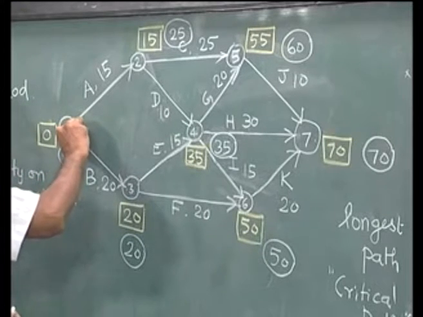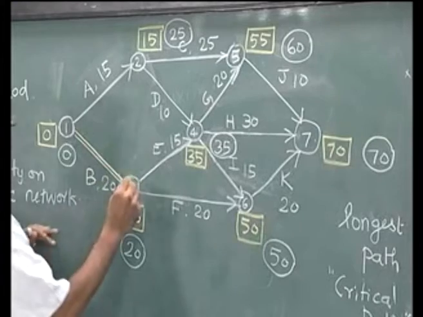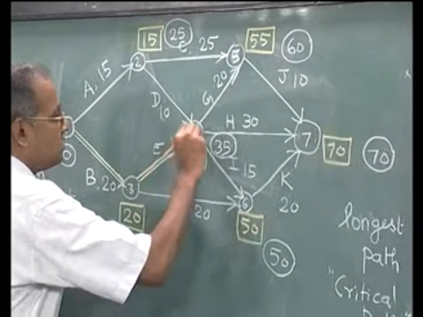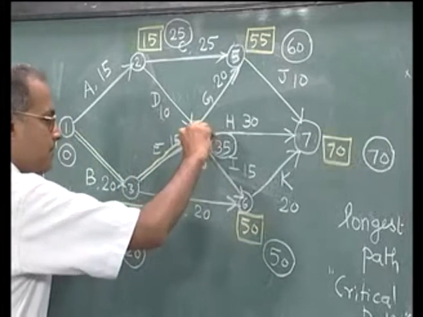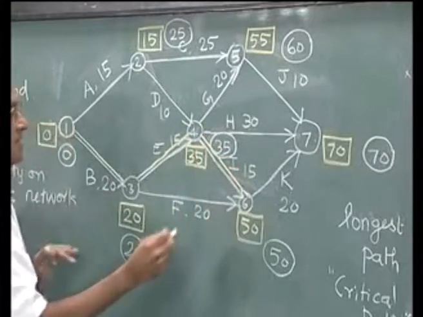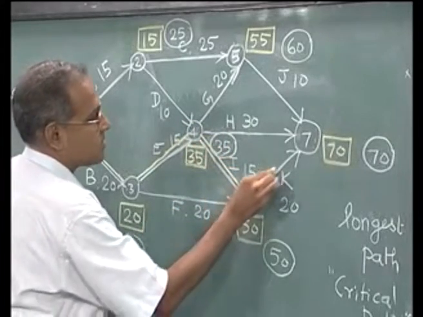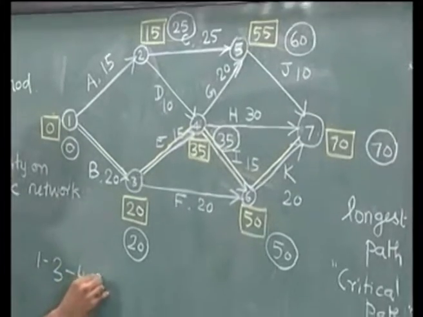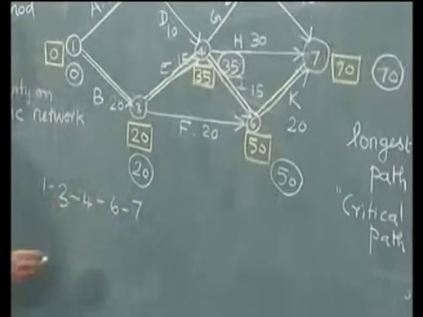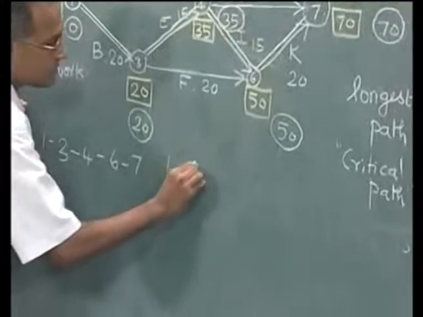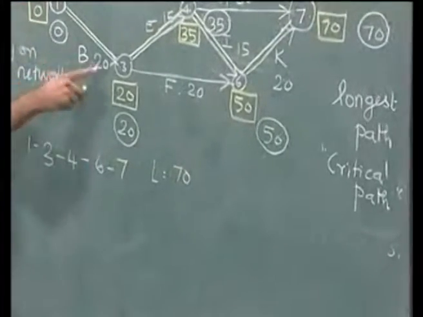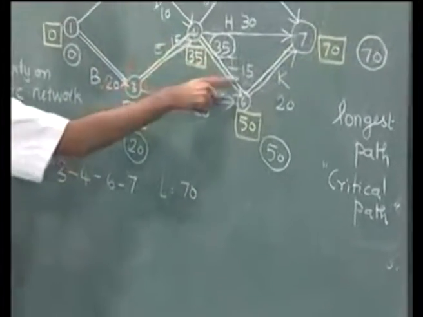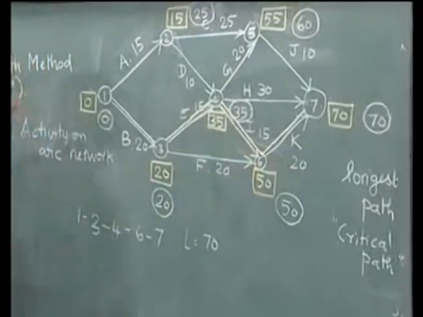And such a path, if you see carefully, is the path 1 to 3, 3 to 4, 4 to 6 and 6 to 7, with length equal to 70, which is 20 plus 15, 35, plus 15, 50, plus 20, 70.